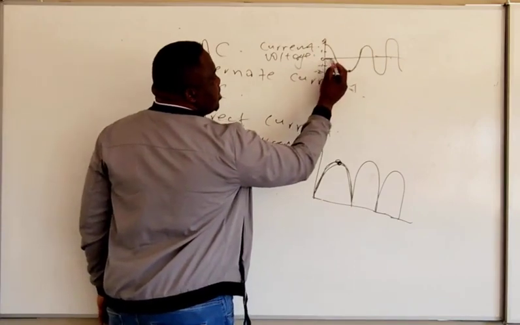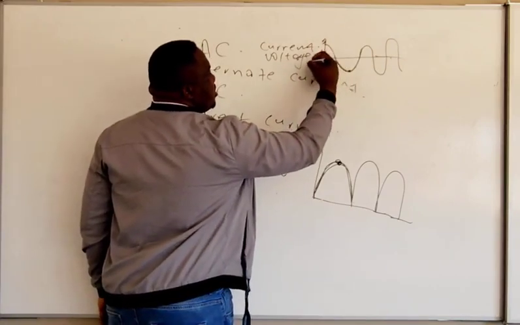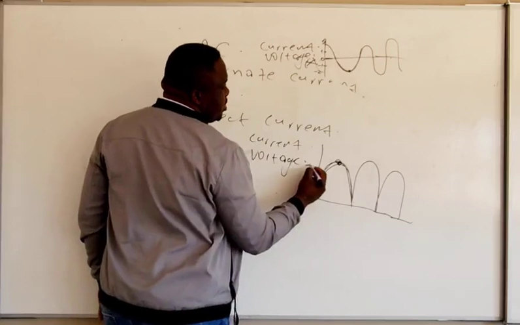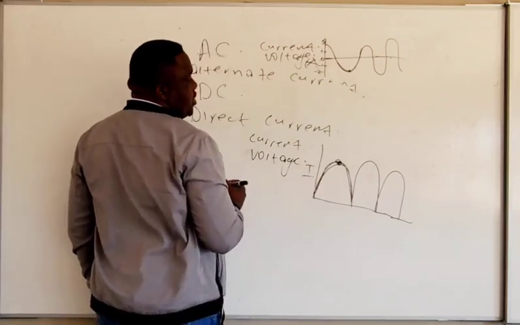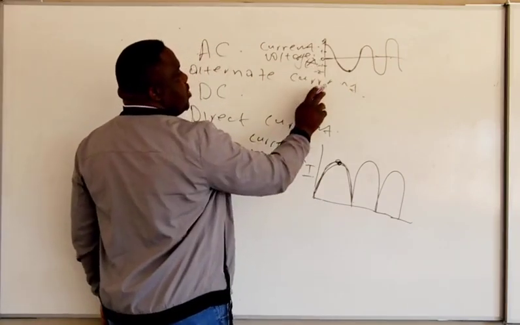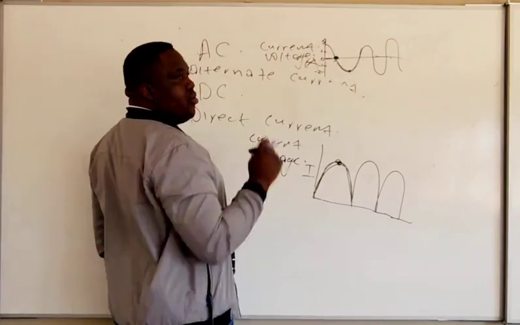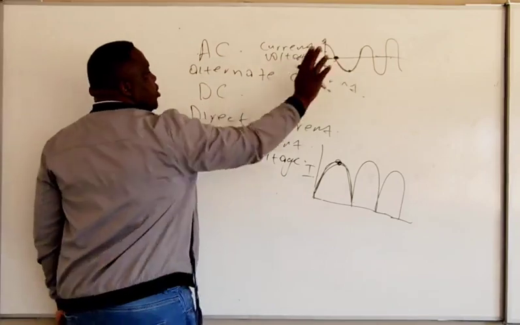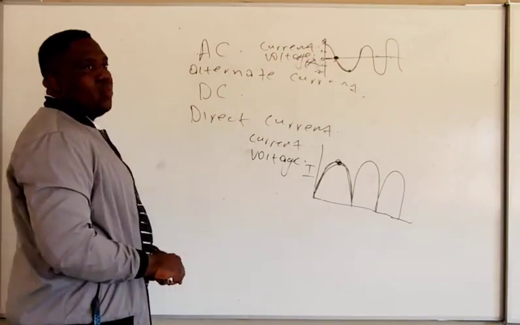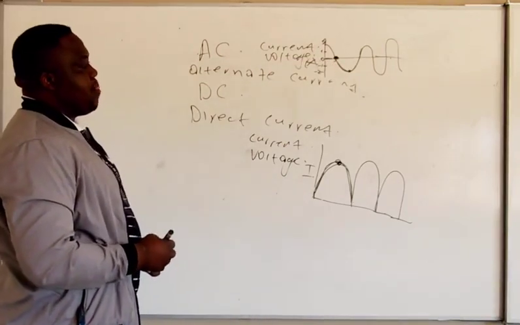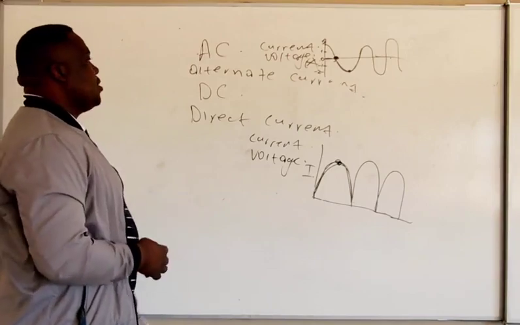You can see that it gets to 0 here, then it moves up above 0, then it is below 0. So that's what we need to explain from the graph.